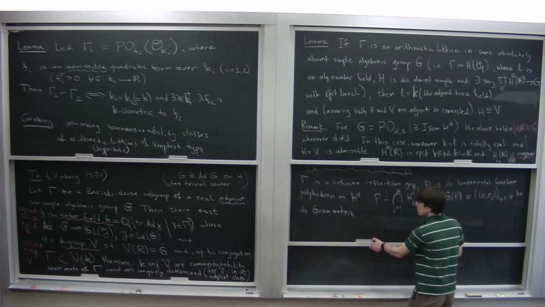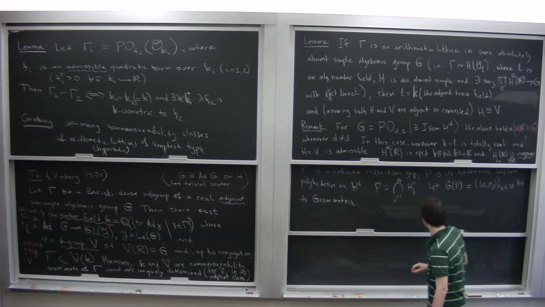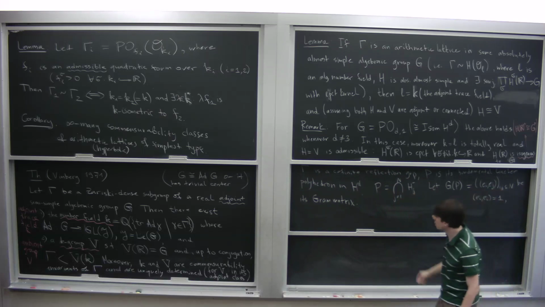So how does this matrix look like, right? The vectors are normalized. So we assume that the scalar product of e_i with itself is equal to 1.